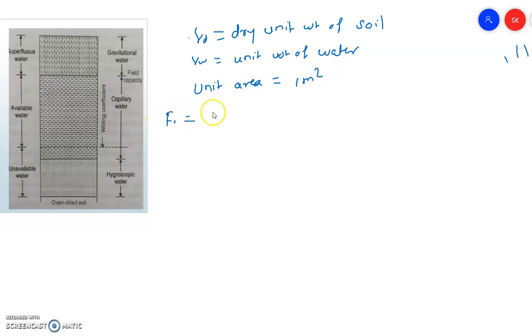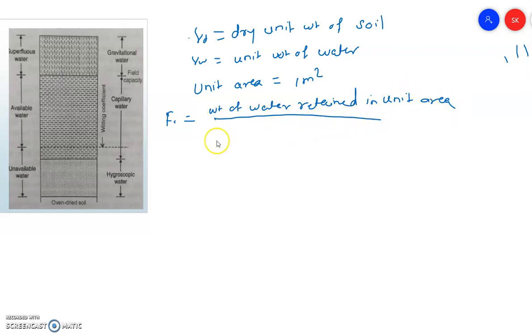Fc is equal to the weight of water retained in unit area divided by the weight of soil of unit area.